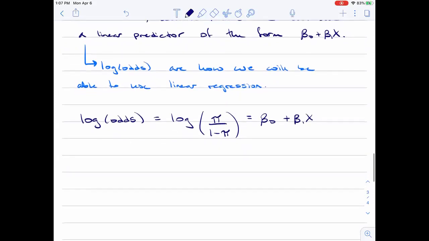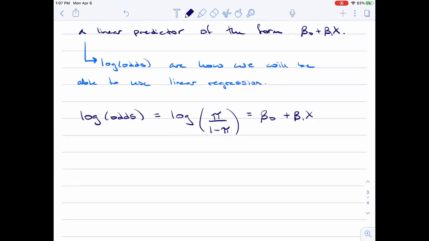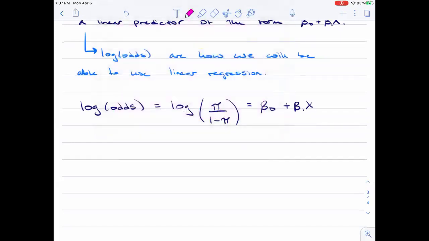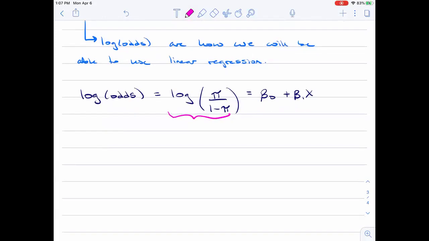Okay. So what we have here is what we call the logit form. That's what we just established. Because this thing is invertible, I can go through and reverse this and solve for pi.